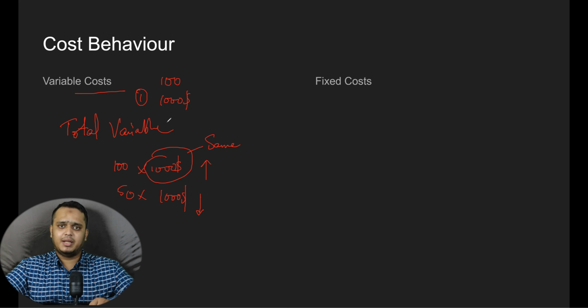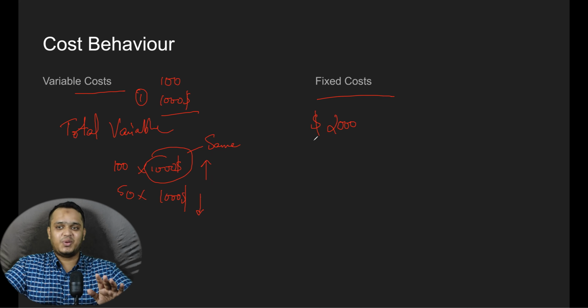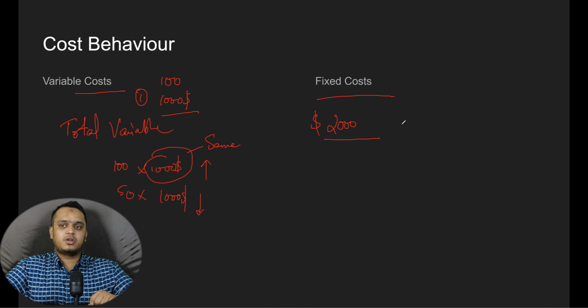Now, in that same manner, suppose I'm ordering these 100 units and there is a transportation cost. Suppose the transportation cost is going to be $2,000. Suppose I'm bringing it from somewhere or the other, I'm just putting it for you guys. $2,000 is the transportation cost. Now, this total fixed cost will remain the same.